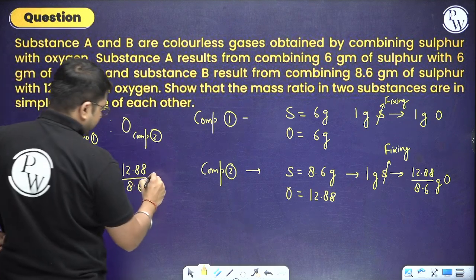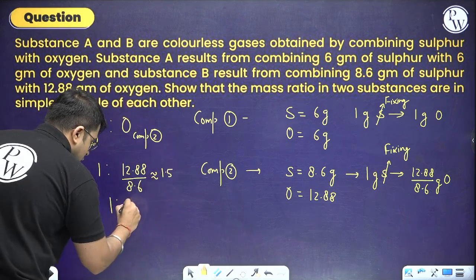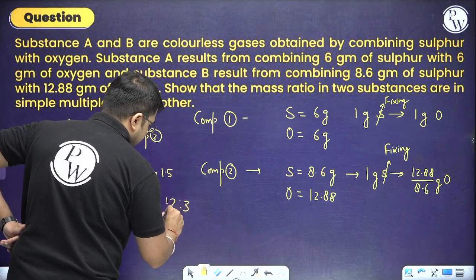So that will be approximately 1.5. So we have 1 is to 1.5, that means we have a 2 is to 3 ratio.